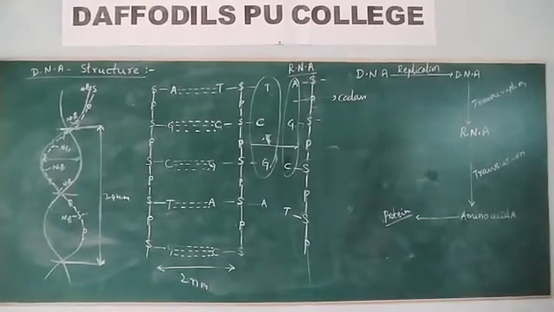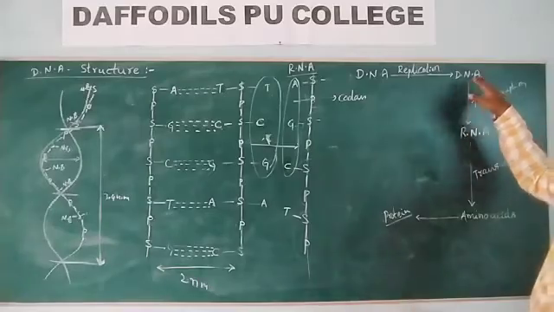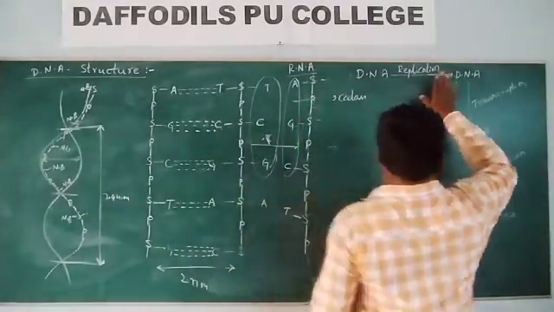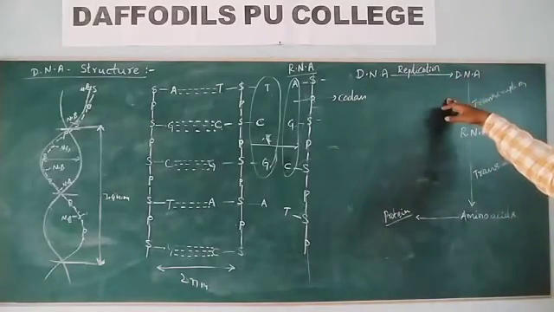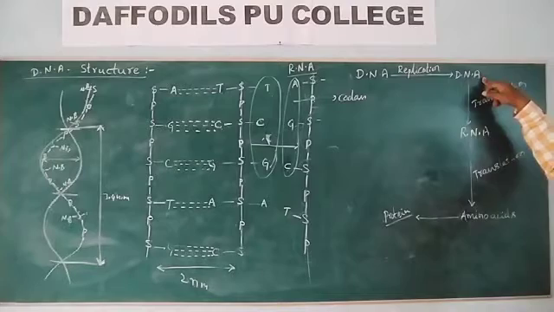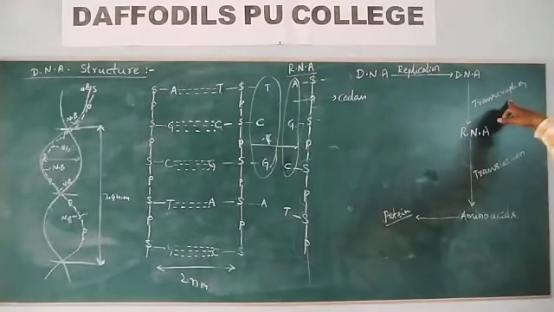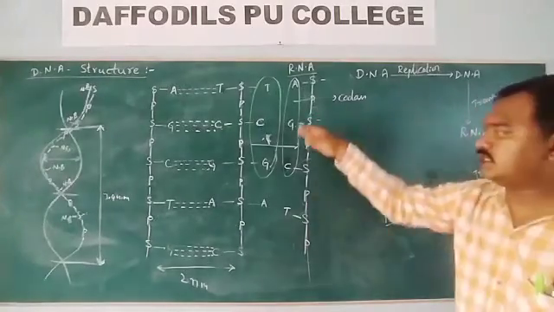So first what happens? DNA uncoils, and this uncoiling is known as replication. It forms a duplicated DNA. This DNA information is transcribed into an RNA in the form of nitrogen bases.